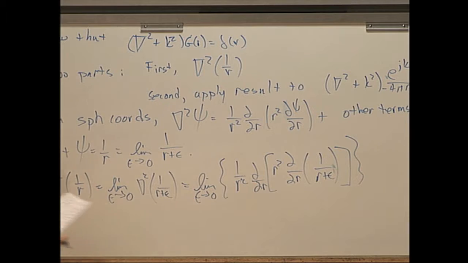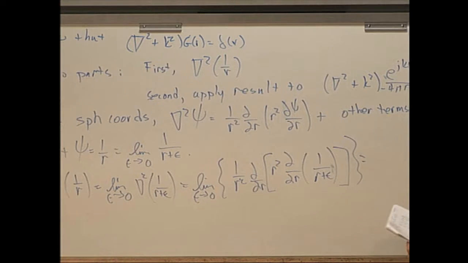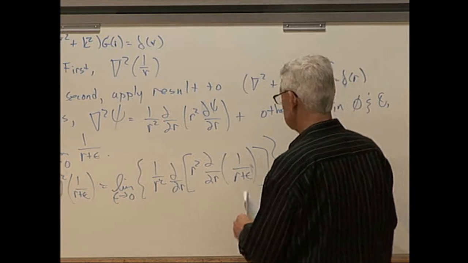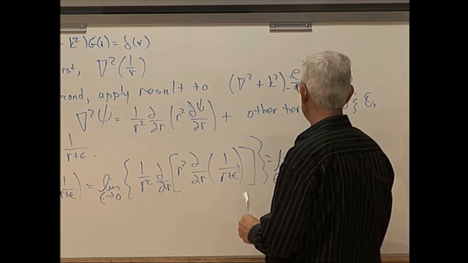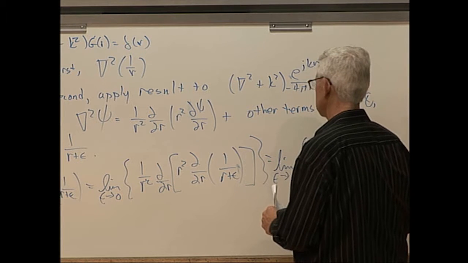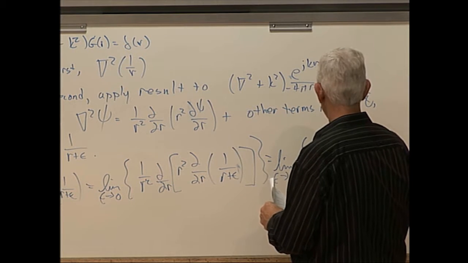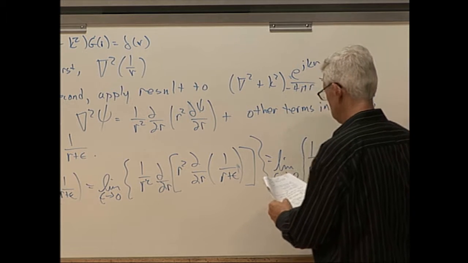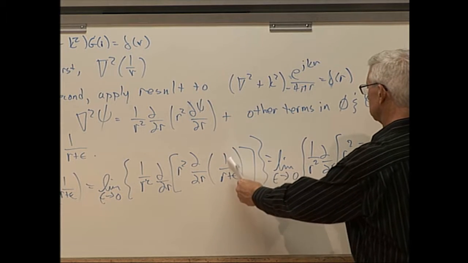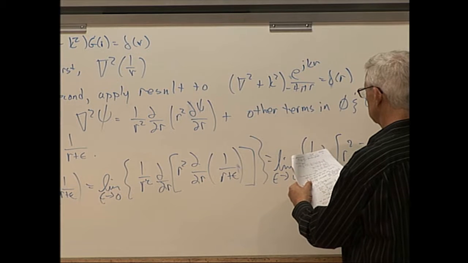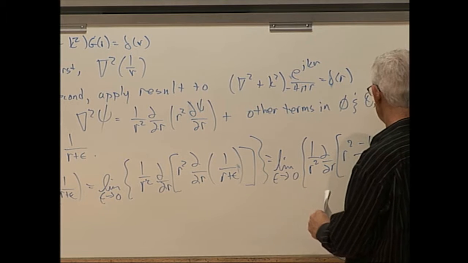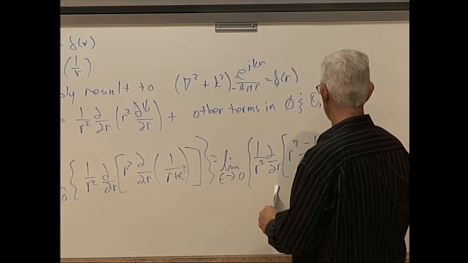Okay. And then this is equal to, let's see here, what can we do? Well, this is pretty easy. It's just a one-dimensional partial. So this is just the limit as epsilon goes to 0 of 1 over r squared partial with respect to r of r squared, and then this partial is just minus 1 and then a square there for the denominator, r plus epsilon squared.